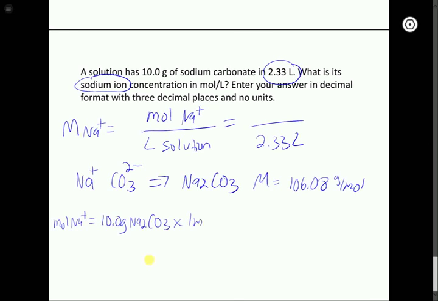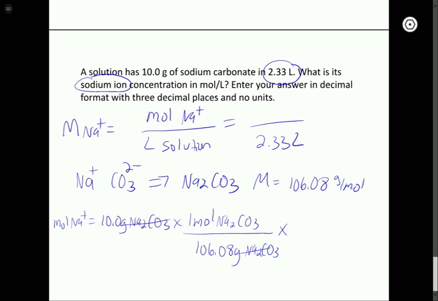We convert to moles first by using the molar mass, which we just calculated is 106.08.